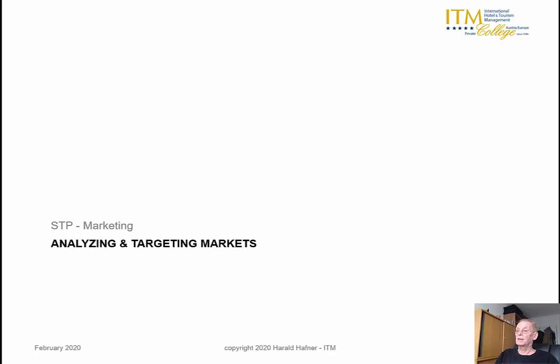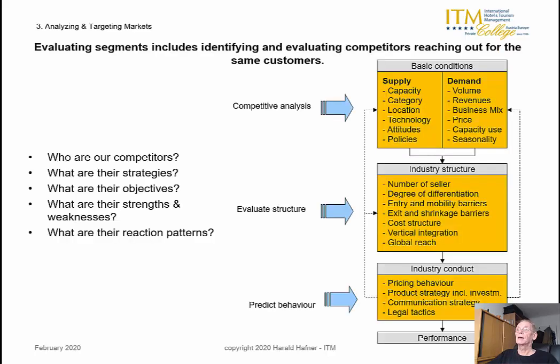The first step that one needs to take in evaluating and structuring a segment is a competitive analysis. So as far as competitive analysis is concerned, there are 5 questions that we are interested in, namely, who are our competitors?